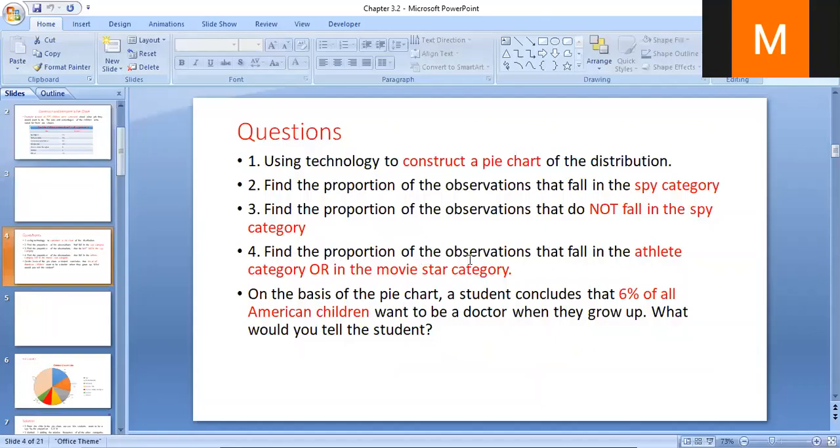Find the proportion of observations in the athlete category or in the movie star category. When you find the athlete category or the movie star category, you have to add the athletes and movie star. You look at the pie chart, or you can look at this one.